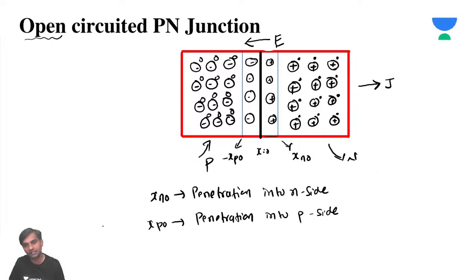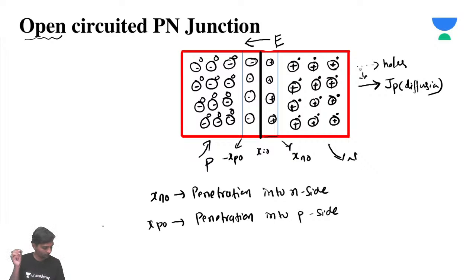So this I can call JP diffusion. Now electrons are moving in this direction, and holes are moving in this direction. Because of that, we will have diffusion current density from left to right.